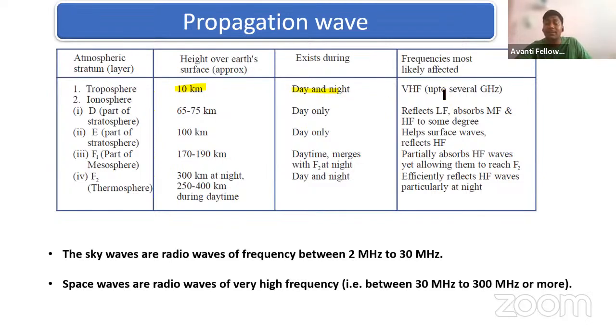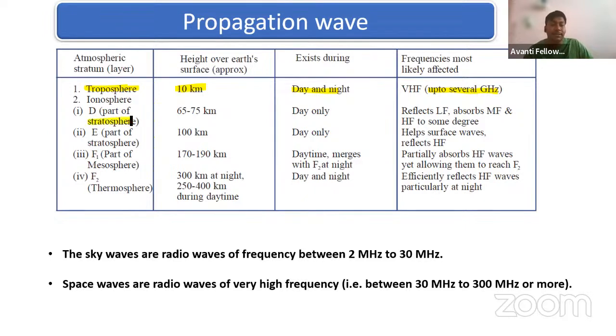The frequency will be very high, up to several gigahertz. For transmitting a signal through the troposphere, we need a very high gigahertz frequency. Now the ionosphere has D, E, F1, and F2 layers.